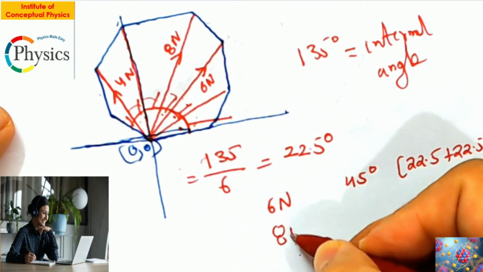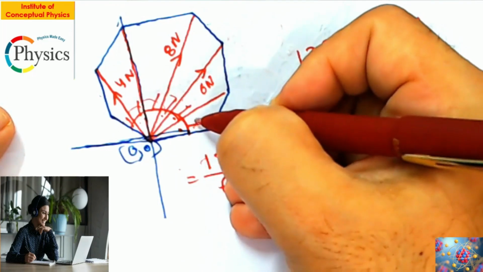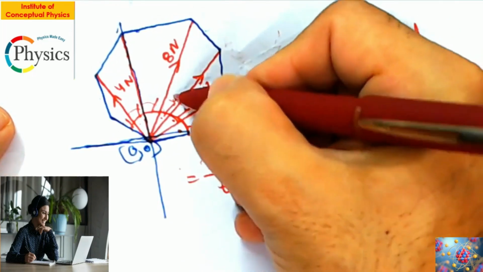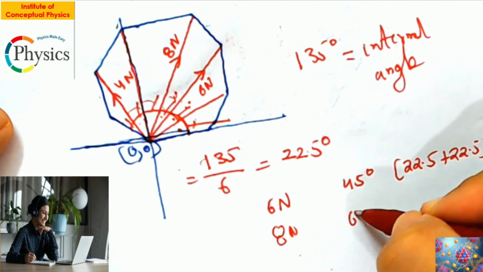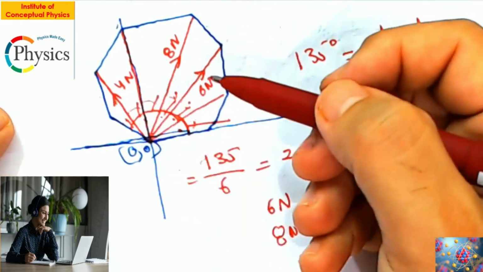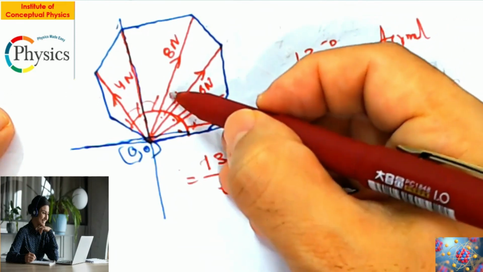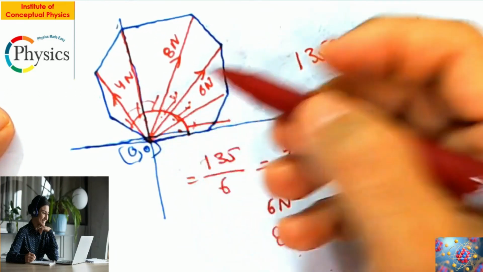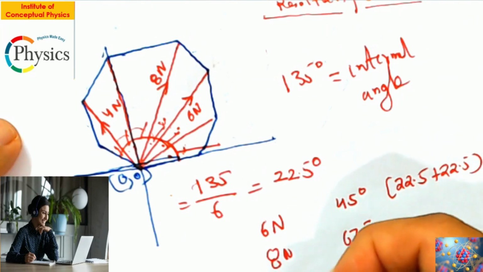So let's look at 8 newtons now. Again 1, 2 and 3, so you have 3 subdivisions, which is 67.5 degrees. The aim is to find the angle of each of the forces with the x-axis. Let's do the same thing for 4 newtons.